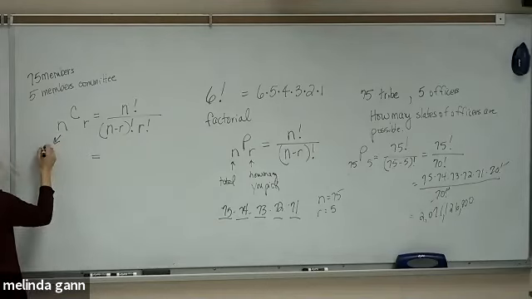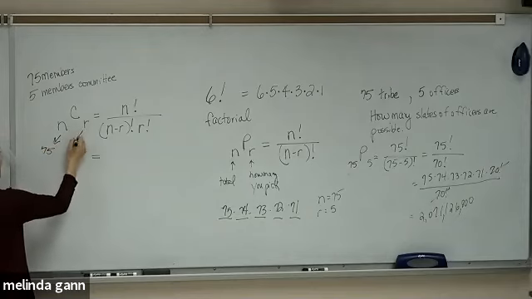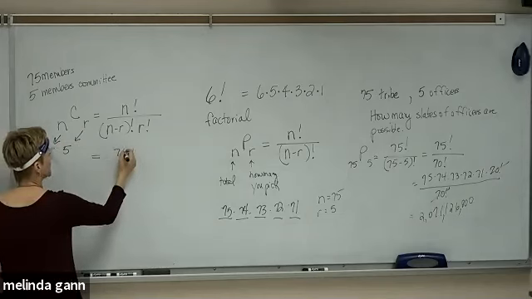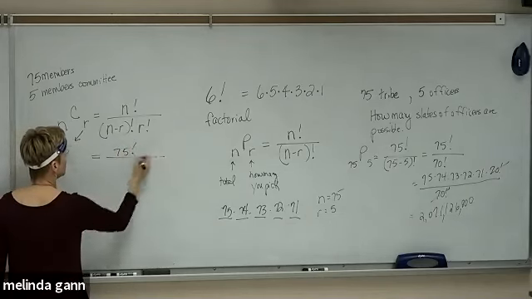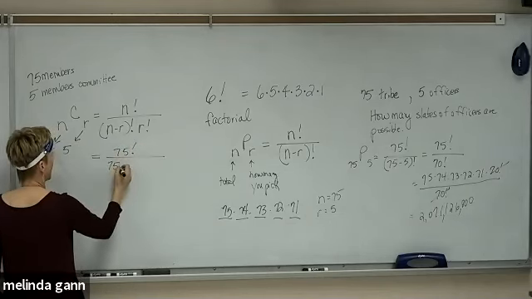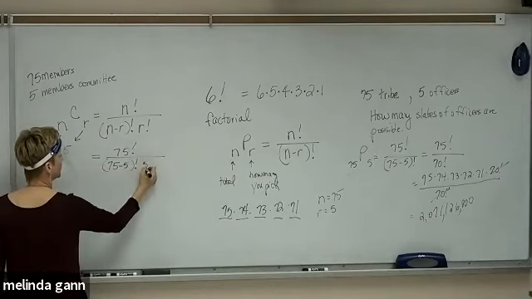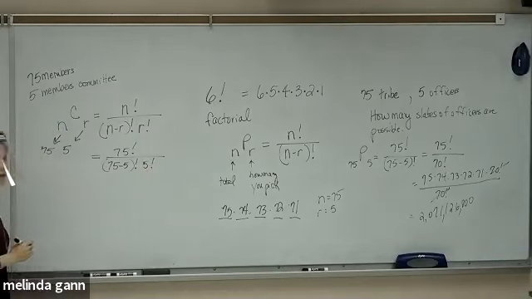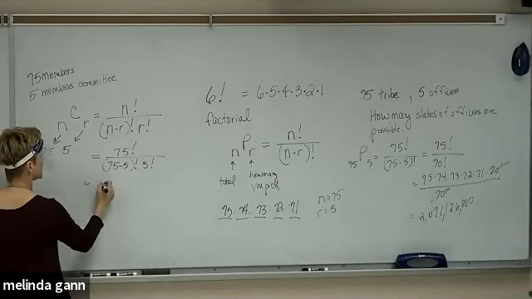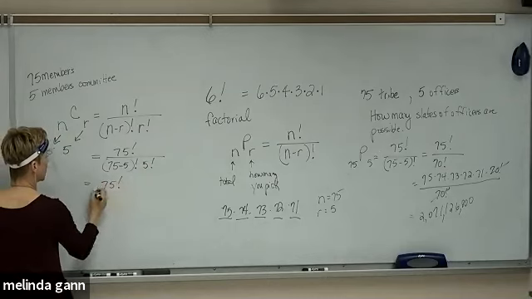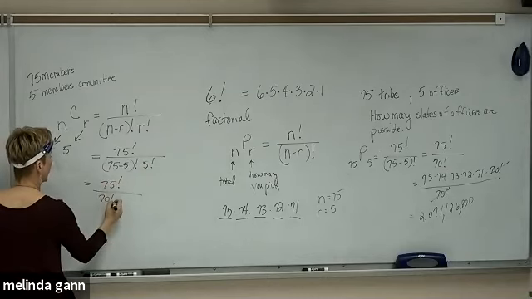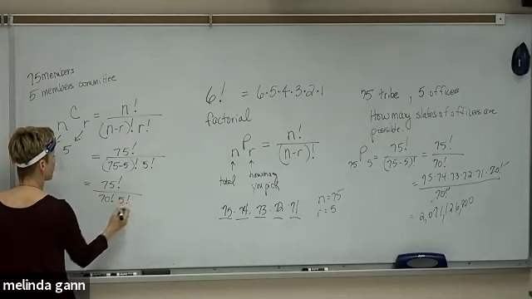My total is still 75, and I'm picking 5. So I've got 75 factorial, 75 minus 5 in a parenthesis factorial, and another 5 factorial. So do we understand that I've got 75 factorial over 70 factorial times 5 factorial?